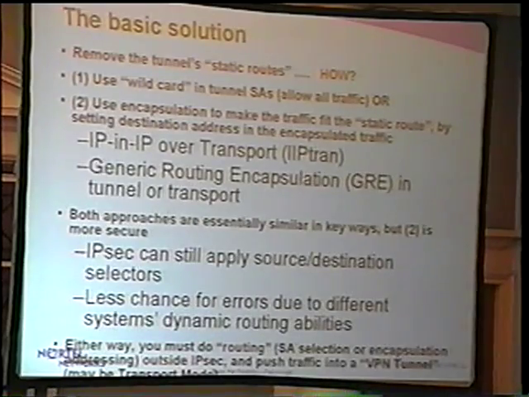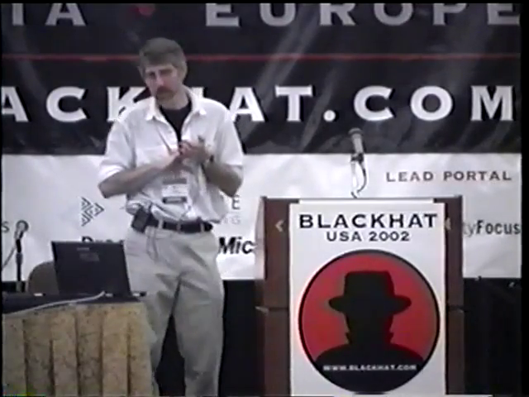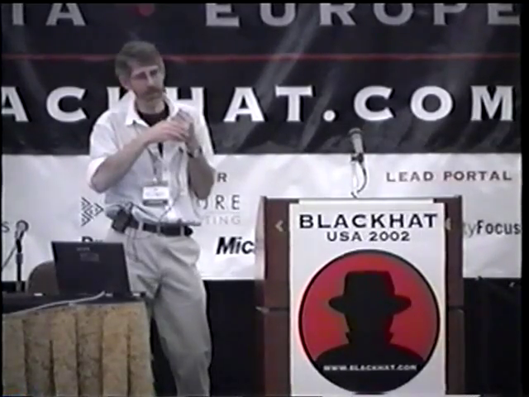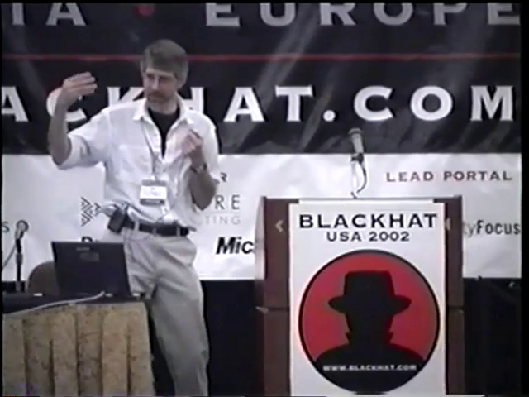You can use a tunnel mode security association, set up as a wildcard, which means it allows any source to any destination, or you can use encapsulation to make the traffic fit into the connection. Once you use encapsulation, you can set the destination address to be the IPsec gateway that the packet needs to go to.